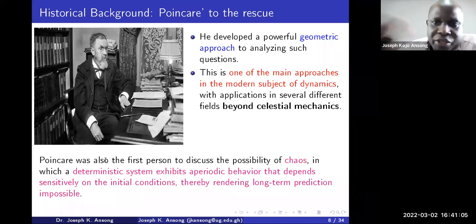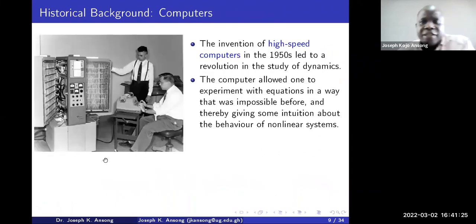Well, the equations that govern these kinds of aperiodic systems are nonlinear. Of course, we know that nonlinear problems are difficult to solve. They often don't have analytical solutions, for most practical ones, right? And so the invention of the high-speed computer in the 1950s led to a huge revolution in the study of dynamics, in dynamical systems.